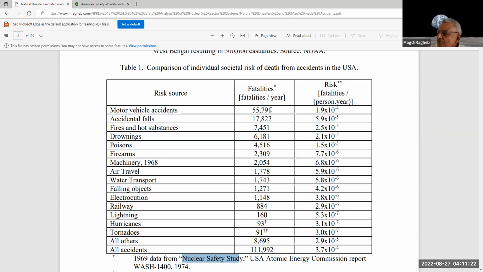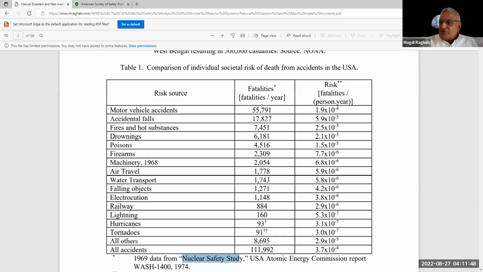He went to what's called the vital statistics. Vital comes from vita, which is Latin for life statistics. And you could see here that he considered the different accidents that happen in the United States. So he listed here how many fatalities or loss of life happen per year in the United States.